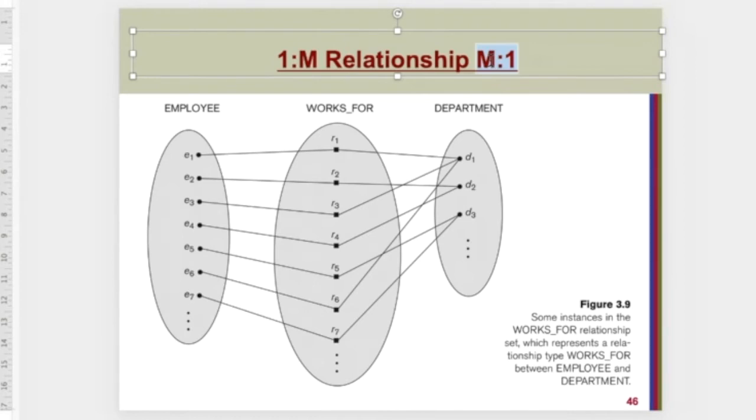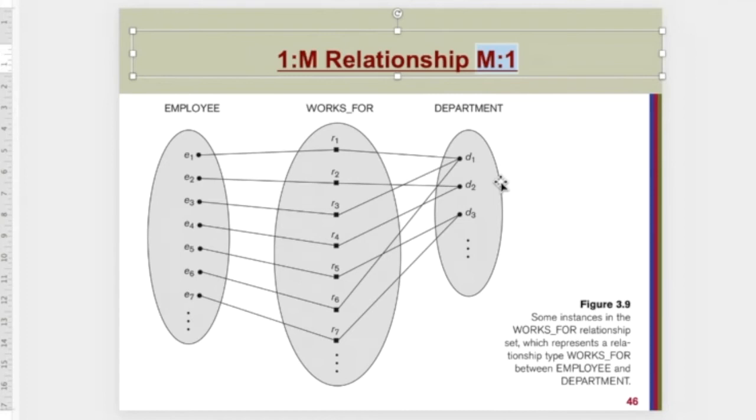We say 1 to M or we say M to M. Mathematically, these are different. 1 ratio M and M ratio 1 are different. But to express the relationship, we say 1 to M. It means, see here, in this relationship, M is here and 1 is here. So it is M to 1, but we say it 1 to M.